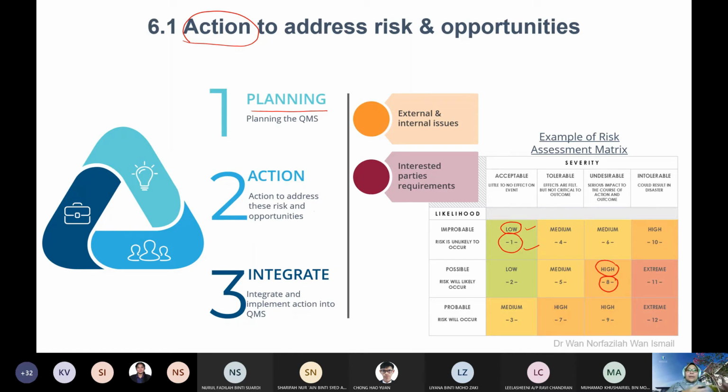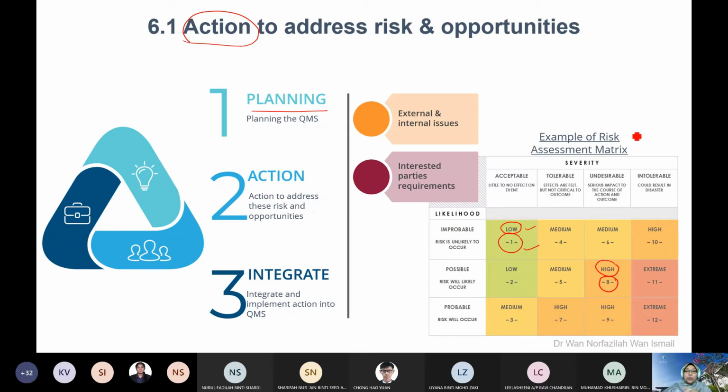Okay, so that when other people see this risk assessment matrix, they know that the risk is very likely to happen, and the risk is very high, very serious. Okay, so this is only example.